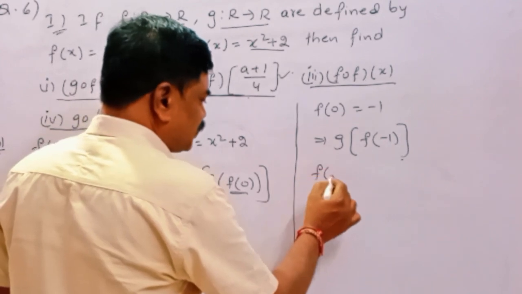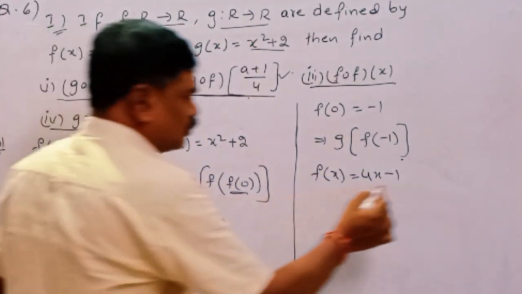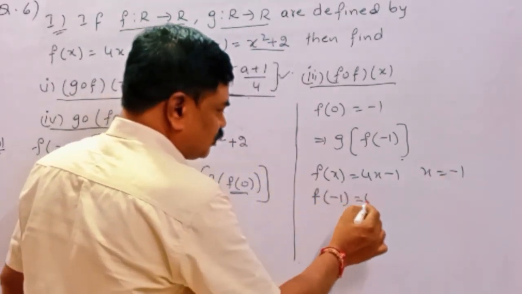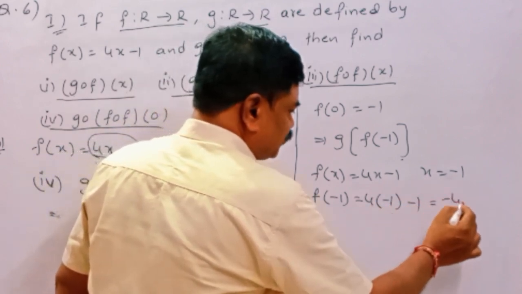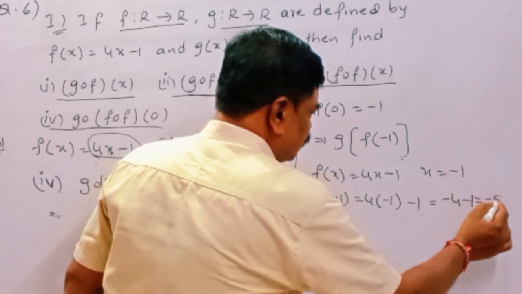Then f of minus 1 is equal to 4 into minus 1 minus 1, that is minus 4 minus 1, equal to minus 5.